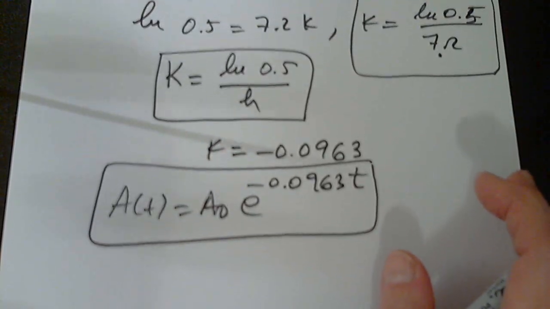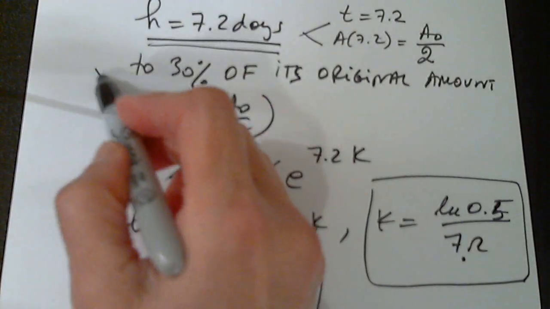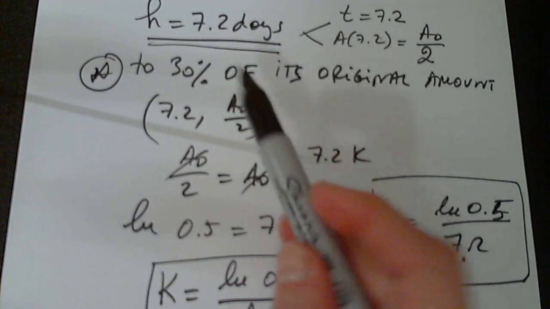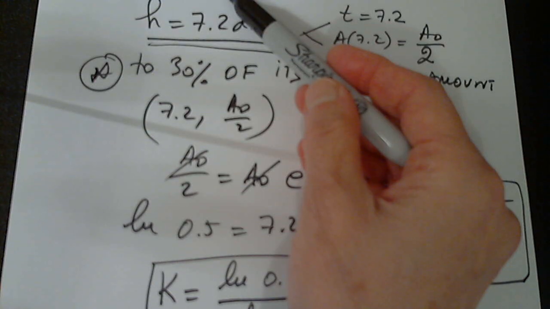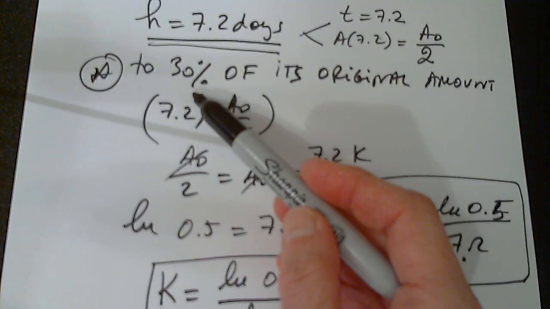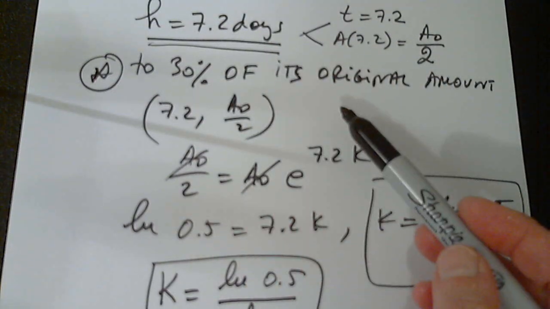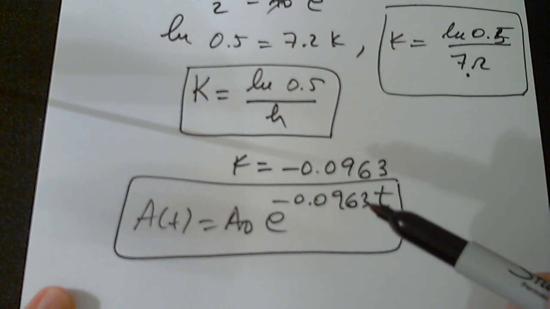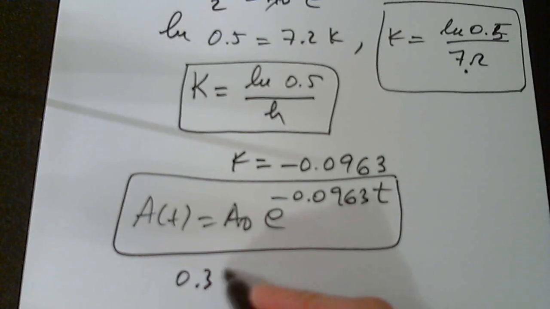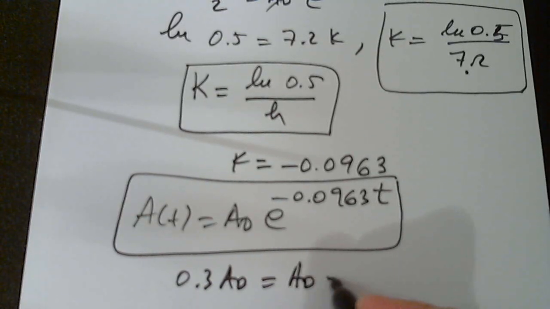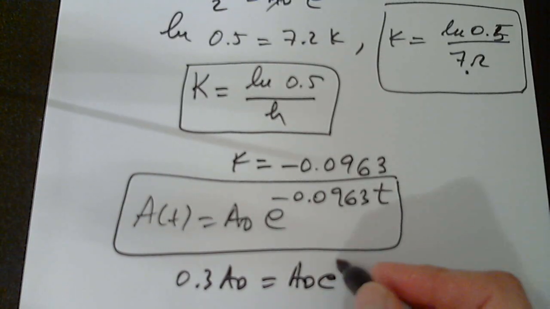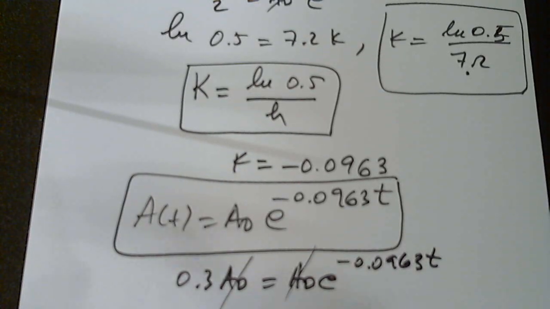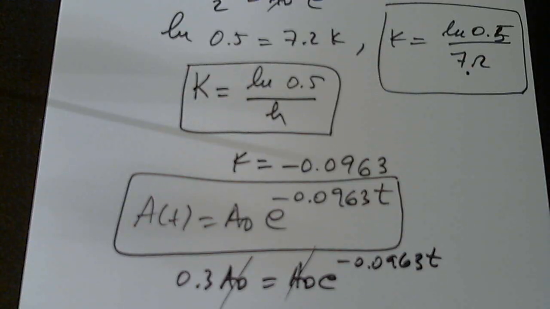And now I can address the question. How long does it take for the original to decrease to 30% of that amount? We had these problems last time also. So 0.3 A0 equals A0 e to this. And of course, the original amount doesn't matter.